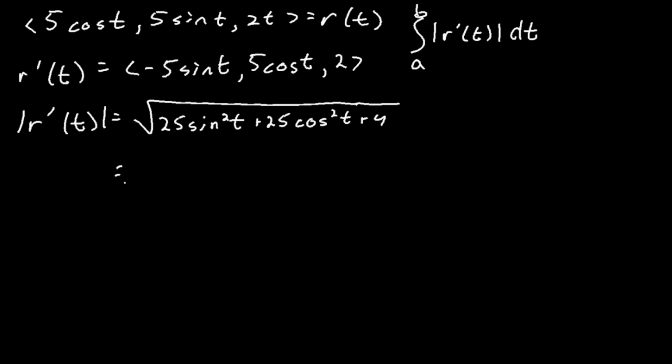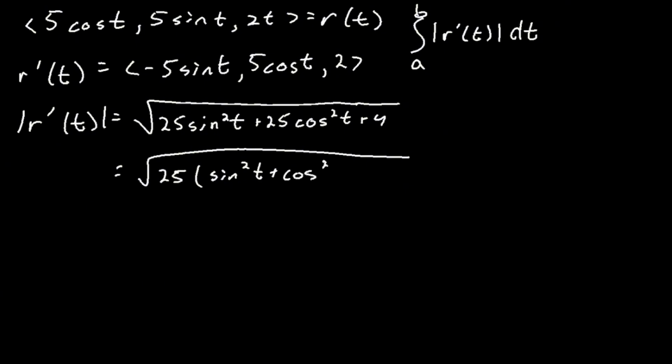Let's do some algebraic manipulation. Let's factor out a 25 out of everything here. If you factor out 25, you get sine squared of t plus cosine squared of t plus 4 over 25.